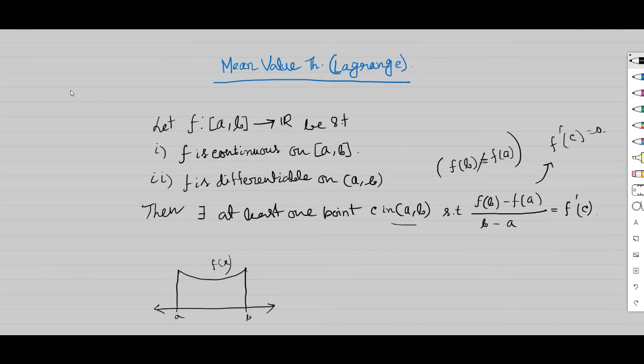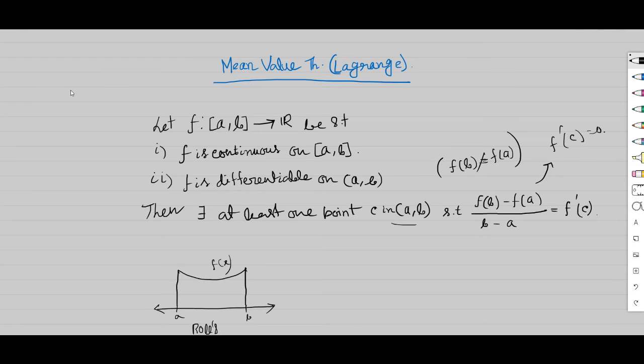This is the interval, so for each point on this line we will get a point on the xy plane, and by joining them we will get a curve. So by Rolle's theorem we will get at least one c in between a and b such that f dash c is equal to 0.